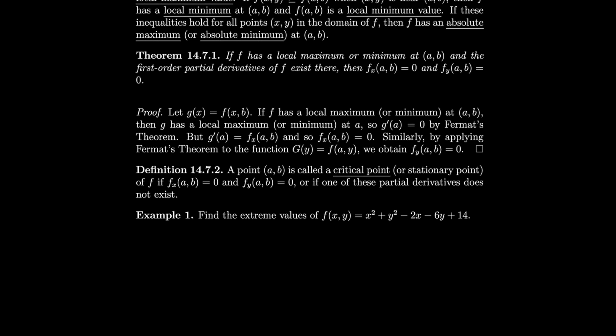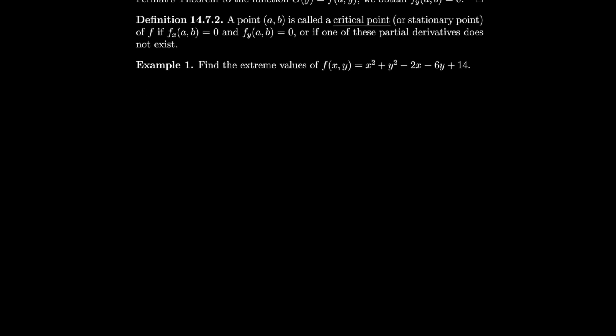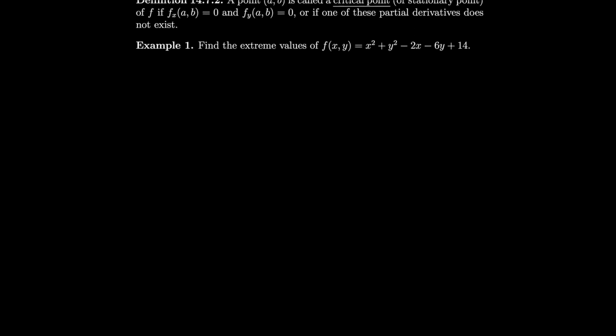So how about we do an example and find the extreme values of this multivariate function. Let's look at the partial derivatives. The partial of f with respect to x of (x, y) is 2x minus 2, and then the partial with respect to y is 2y minus 6. Let's look for where those are 0.